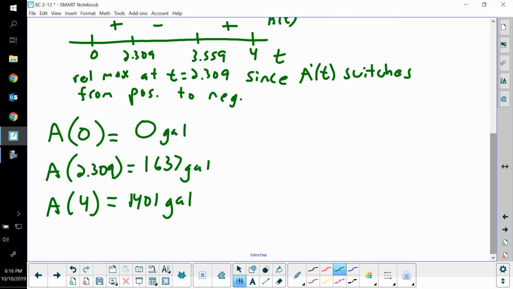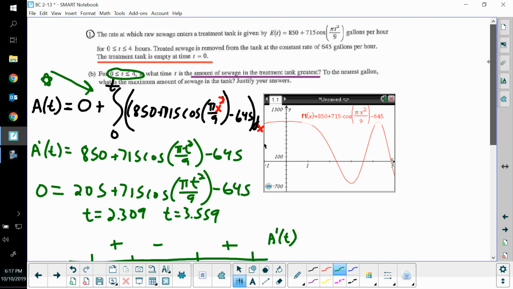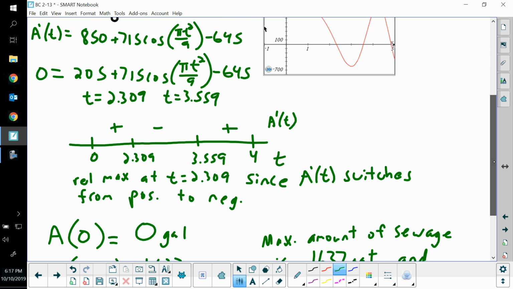So we can say the maximum amount of sewage is 1,637 gallons and occurs at t equals 2.309, whatever our time units were, hours it looks like.